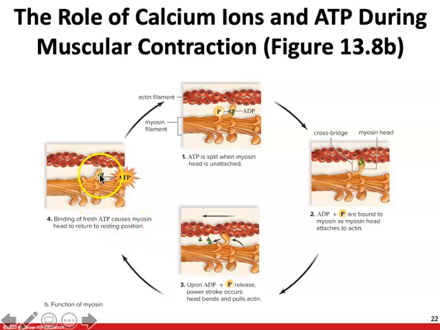New ATP is going to bind. That ATP is going to break. When it breaks, that myosin head grabs that actin filament, binds to it, pulls it, and then releases. So this is how ATP is used to fuel that system, or is used to pull those actin filaments past the myosin filaments.